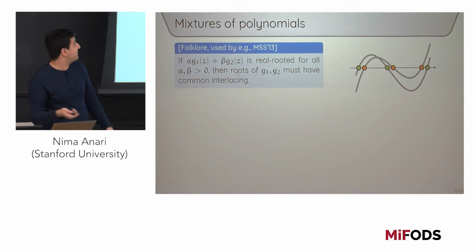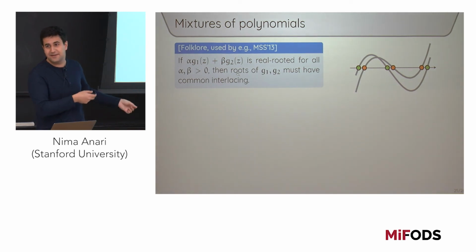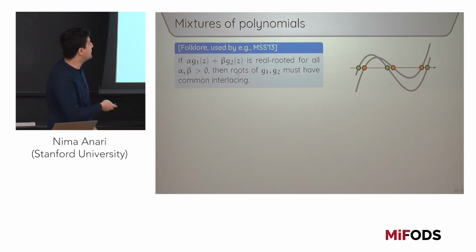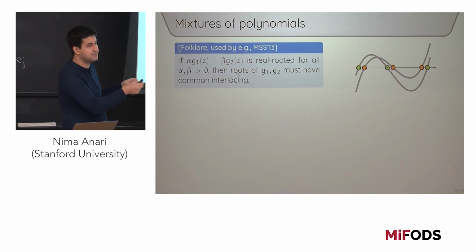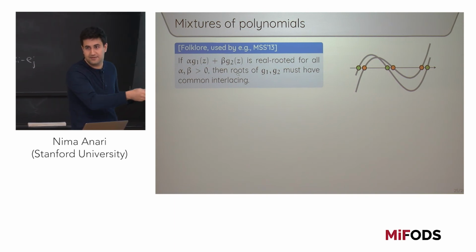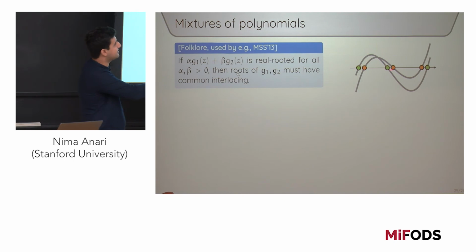But there are well-known lemmas in the literature which tell you exactly for what types of polynomials this happens. This happens exactly when the polynomials have real roots which interlace each other. Okay? So before the second orange root, there should be a first green root. And before the second green root, there should be a first orange root, and so on.